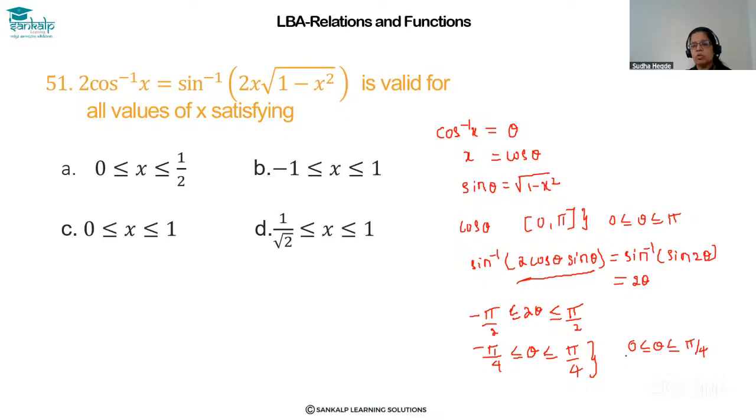So the common term is, if theta lies in this interval, the x value lies between, because x is equal to cos theta.